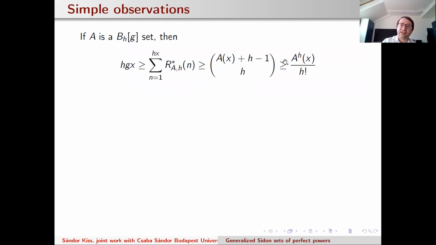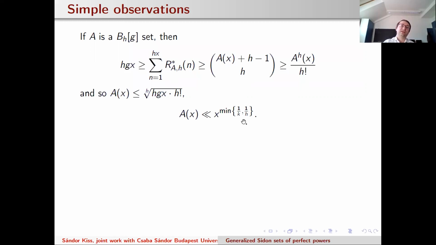And this is at least A(x) to the power of h over h factorial, and r star is bounded by g. If we have a B_h[g] set, then by using the trivial estimation, we get that A(x) is less than x to the power of the minimum of 1 over k and 1 over h.